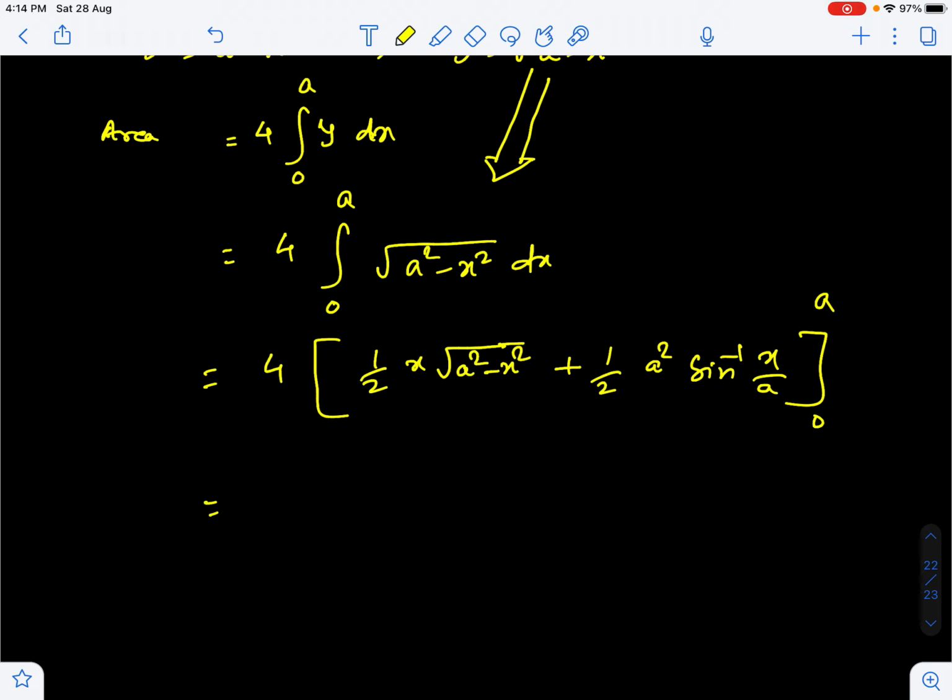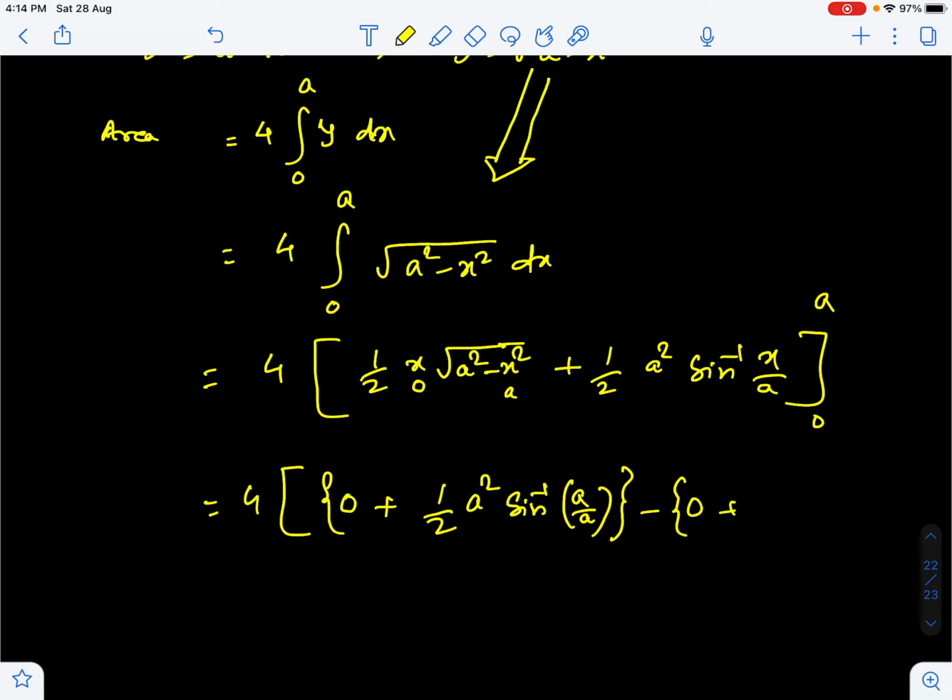Now I'll put the limits, with the 4 outside. When you put x is equal to a, the first term will be 0, plus 1 by 2 a square sine inverse a by a. So this is the upper limit when you substitute, minus the lower limit. When you put x is equal to 0, the first term will be 0, and sine inverse 0 is 0, so there is no meaning in writing the lower limit.